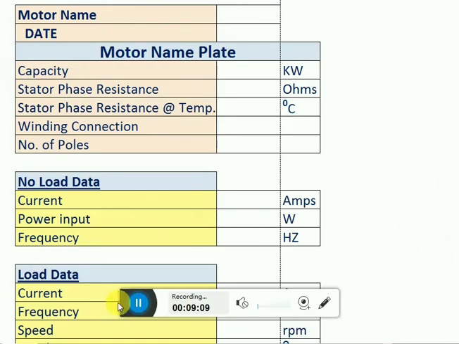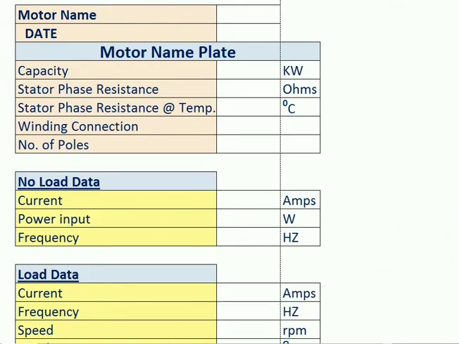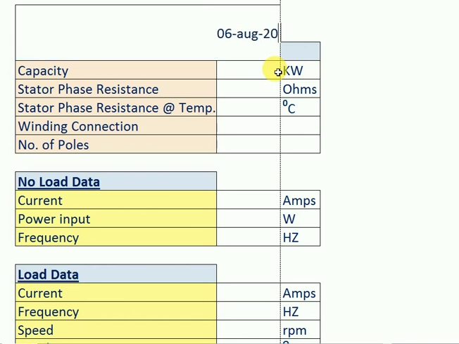What are the inputs we need for that calculation? The name of the motor for our reference, and then the date on which we are analyzing the performance. So 6th of August we are calculating.